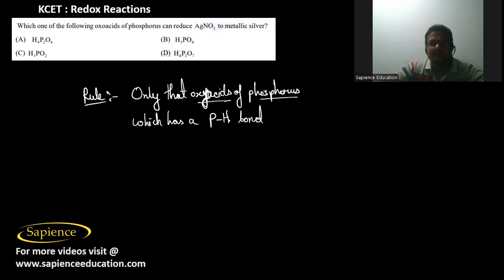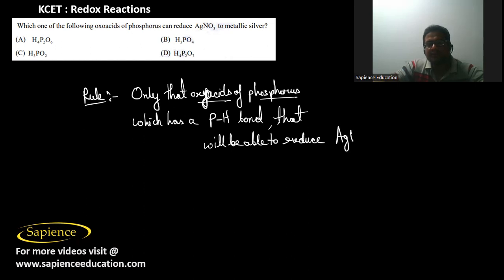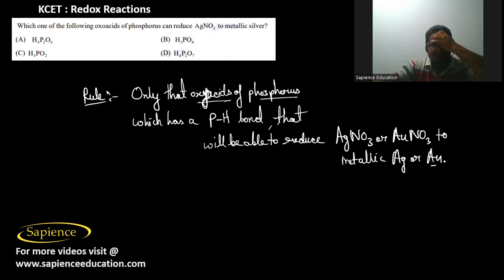Okay, only that oxyacid of phosphorus which has a P-H sigma bond will be able to reduce AgNO3 or AuNO3 to metallic silver or gold. So that is the rule. So we should know the various structures of the oxyacids of phosphorus. So for H4P2O6, the structure is like this.